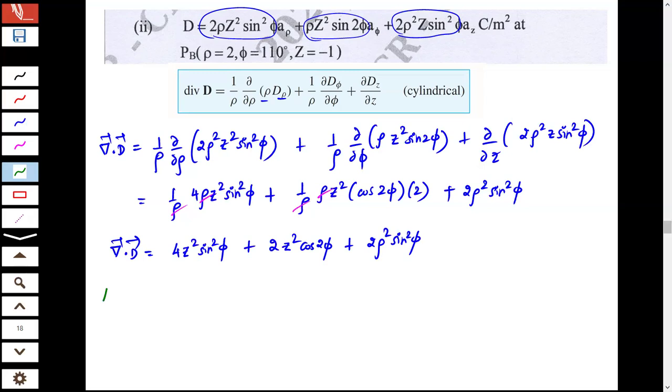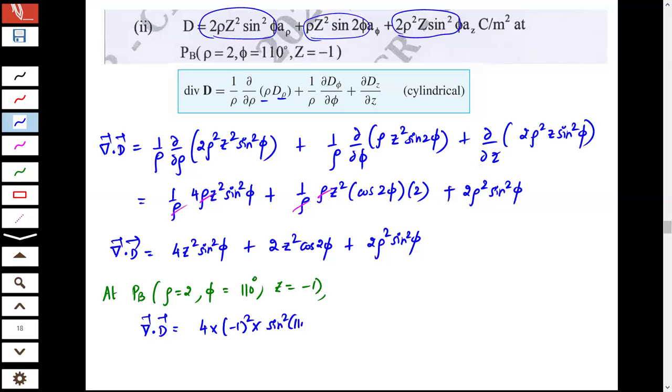Now at point PB with the coordinates rho value is 2, phi value is 110 degree, and z value is -1, we can find del dot D. So which is 4 into -1 square into sine square 110 degree plus 2 into -1 square cos 2 into 110 degree, then plus 2 square into sine square 110 degree.